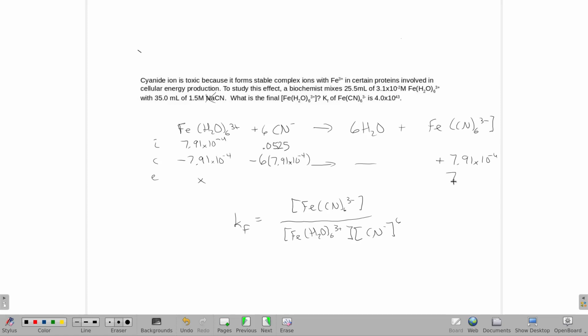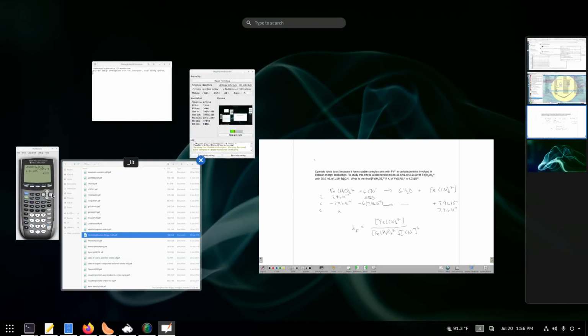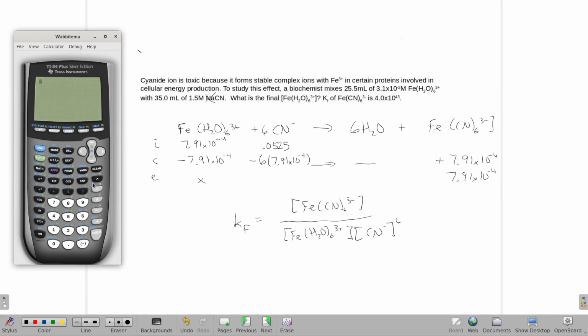This is 7.91 times 10 to the negative 4th, and that CN number, we're going to have 0.0525 minus 6 times 7.91 times 10 to the negative 4th, and we get 0.04775.